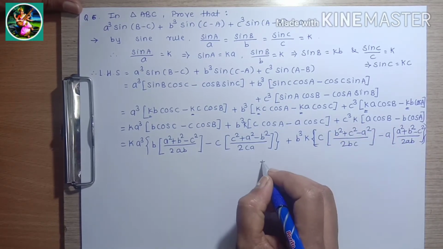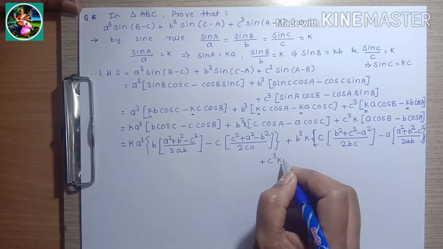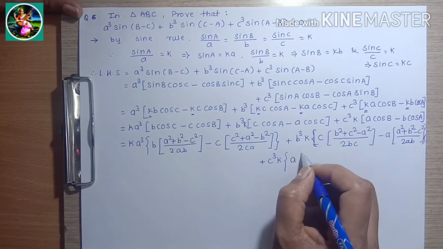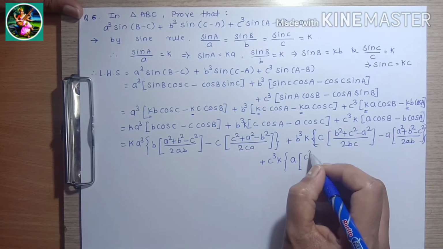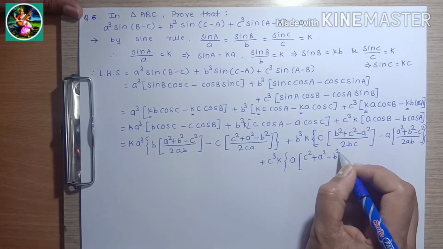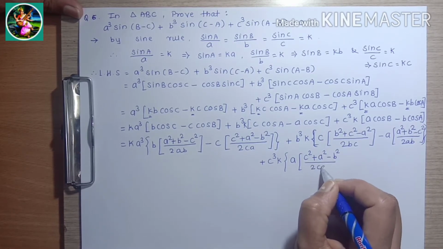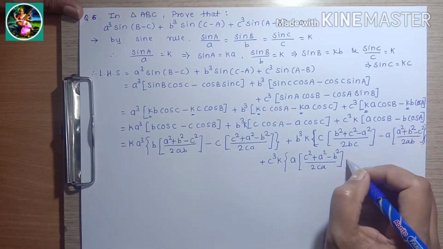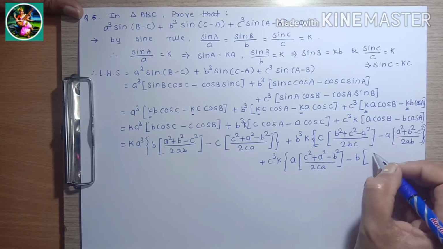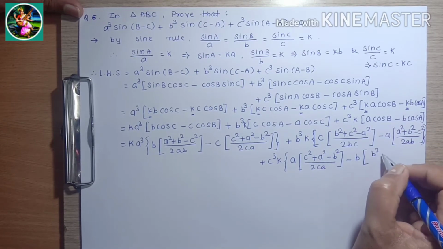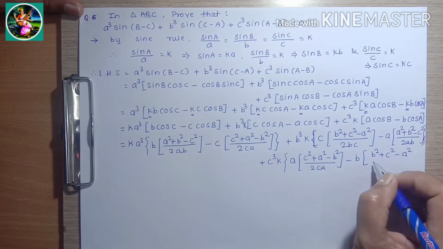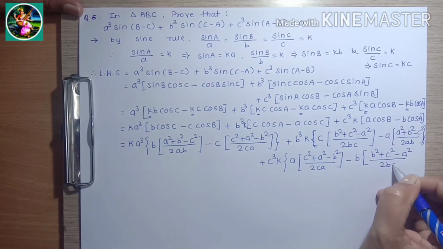Then the last term, c cube k into bracket a as it is into cos b, the value of cos b is c square plus a square minus b square divided by 2ca, and minus b into bracket the value of cos a, that is b square plus c square minus a square divided by 2bc.